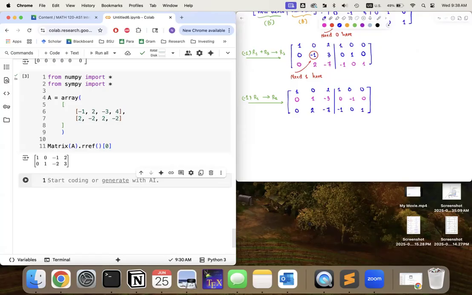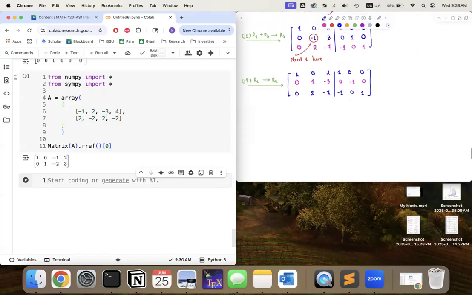Okay, so you have the leading one in the second row already. So the entry above that should be 0. The entry below that should be 0 as well. So we need a 0 here.